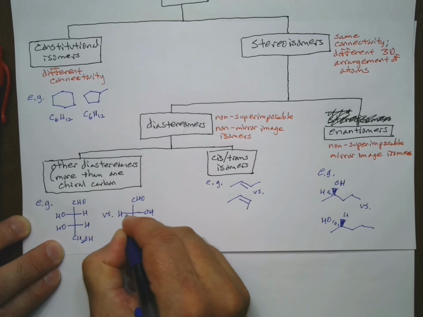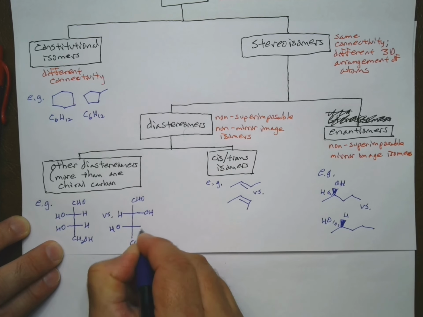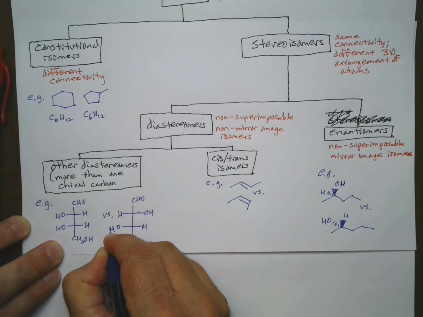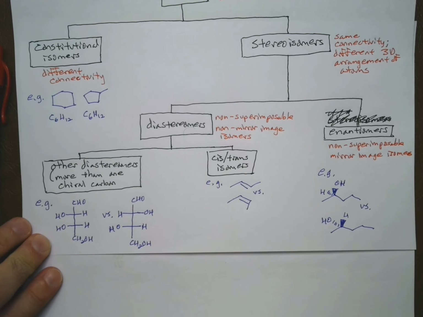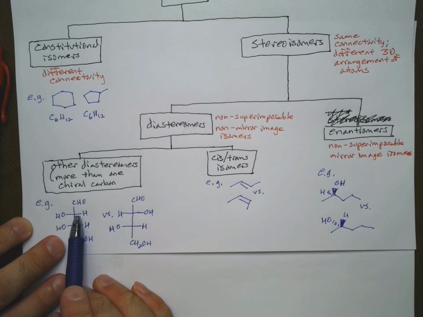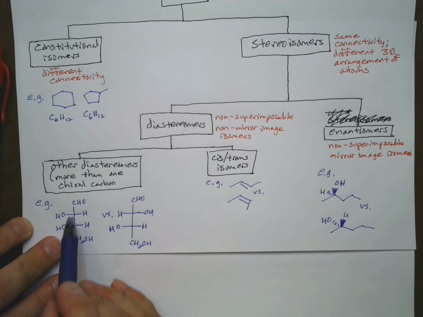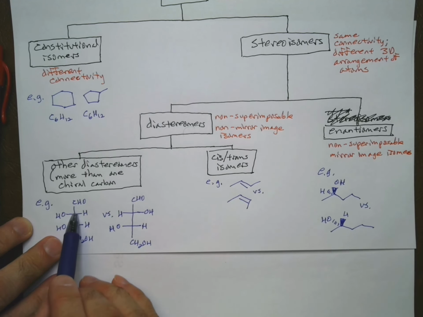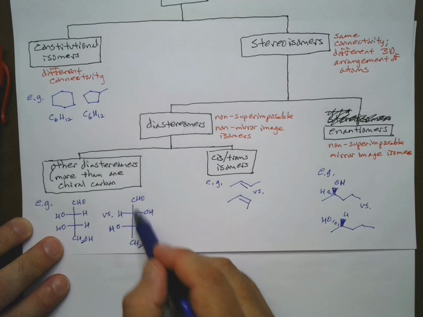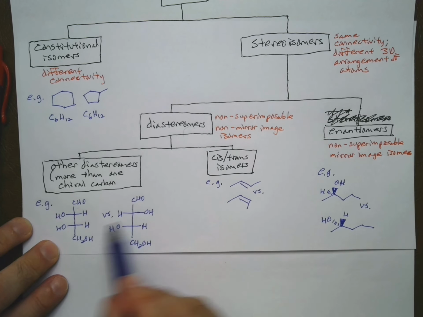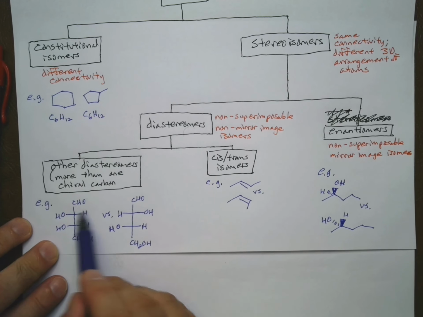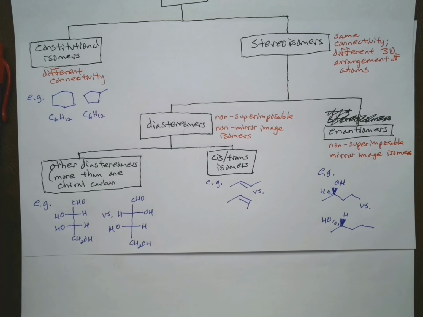So I'll change the configuration there, but not there. So now I've got my diastereomers. Okay, and this is important. If I made the enantiomer, I would change the configuration at both carbons. But since I haven't made the enantiomer, I've made a diastereomer, I've only changed the configuration at one carbon.